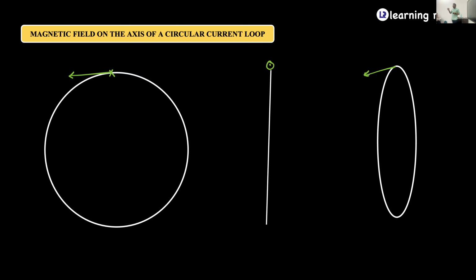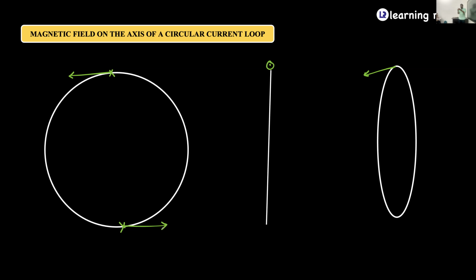Now let's see what is going to happen at the bottom. At the bottom, if the current is in the anti-clockwise direction like this, the current will be like this because it has to take a turn and then come. With respect to you, it is anti-clockwise. So at the bottom, the same current will go in this direction.